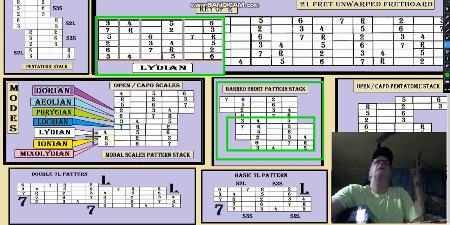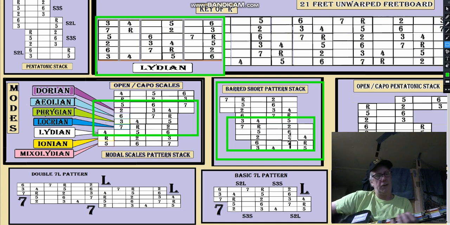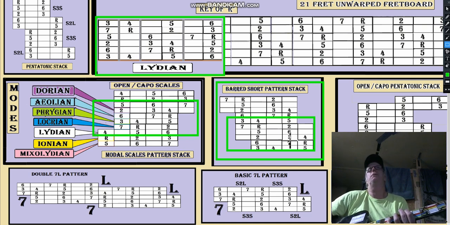So we're going to start from the 4 here and go up 2, 4, 6 right there. There's our Lydian scale here. Now there's no doubled root, but you start the Lydian here, and remember it's almost like an E shape thing.